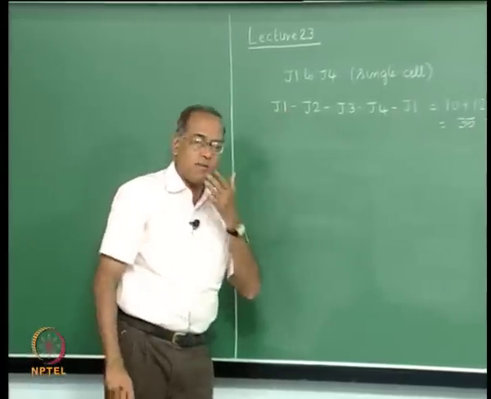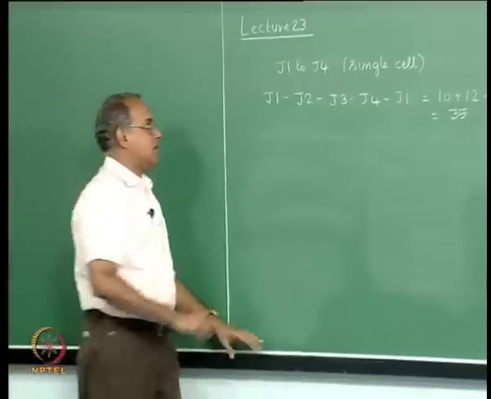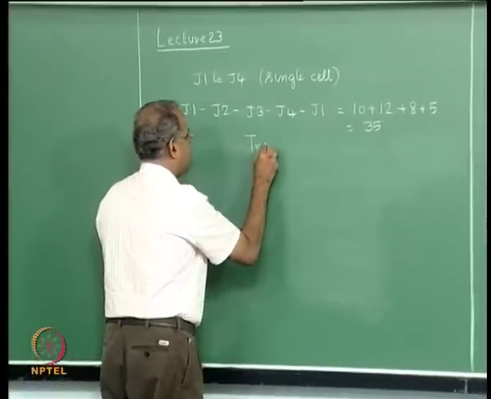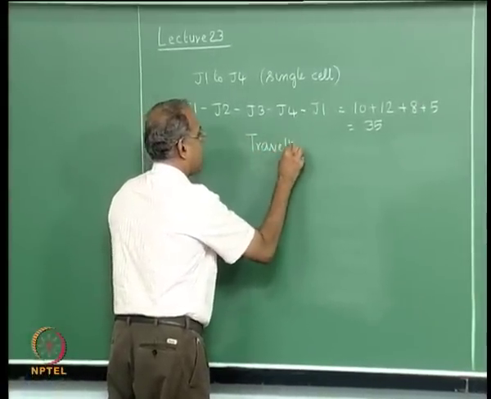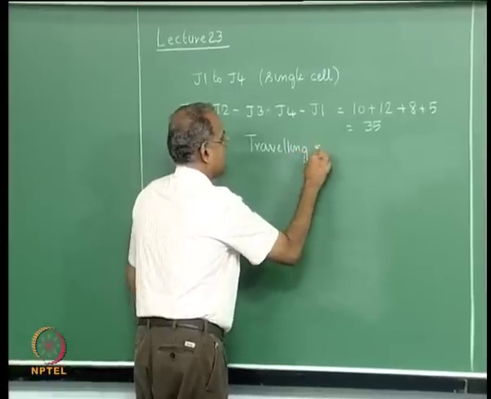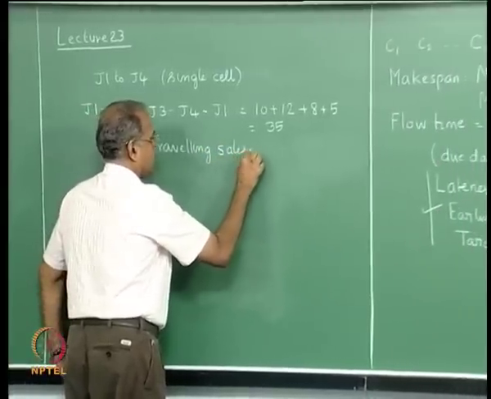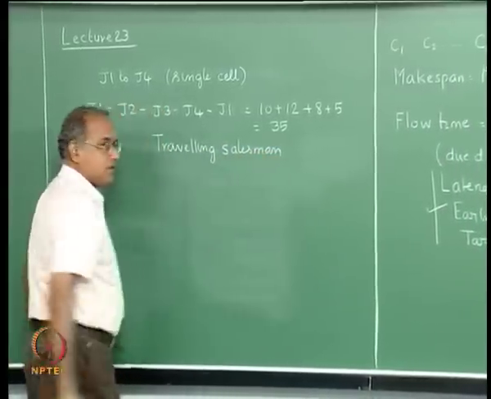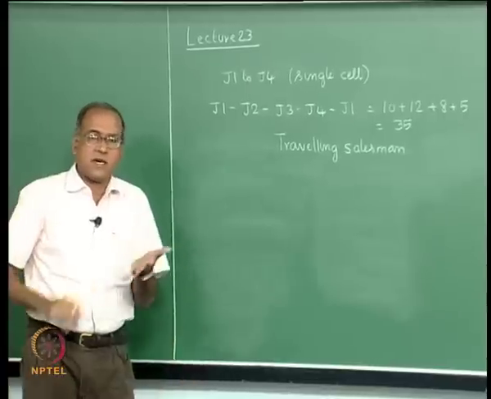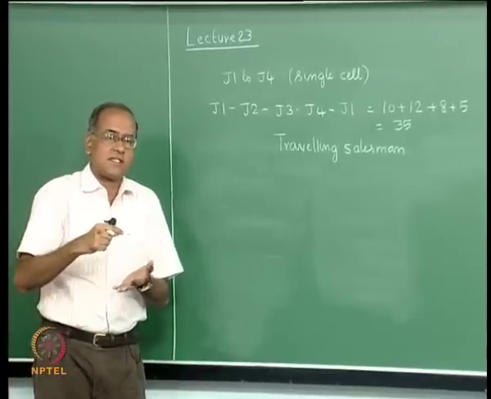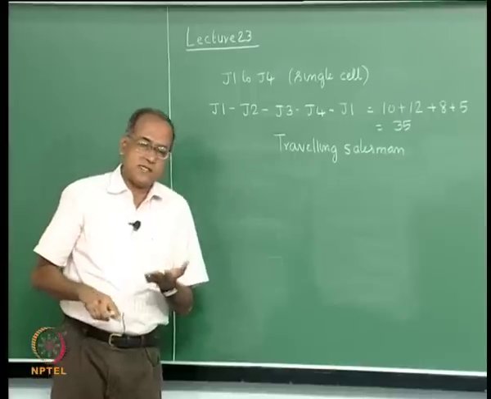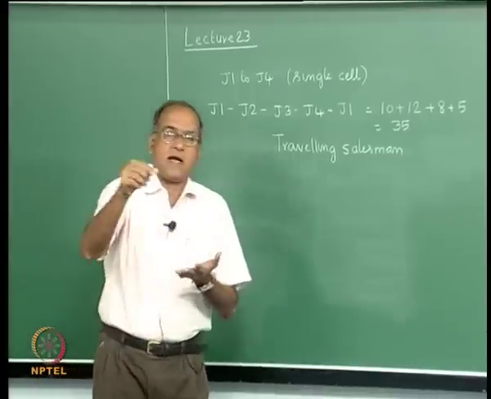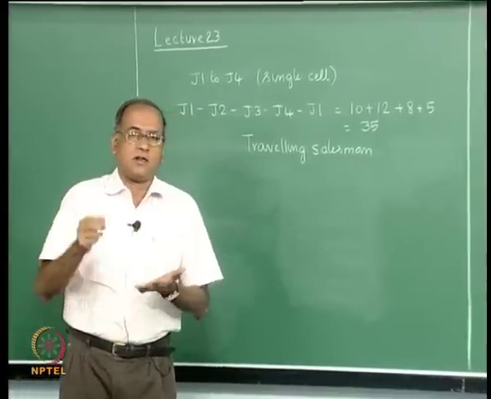So, this problem is very similar to what is called the travelling salesman problem, where a salesman starts from the shop, visits a set of customers once and only once, and comes back to the starting point or the shop.